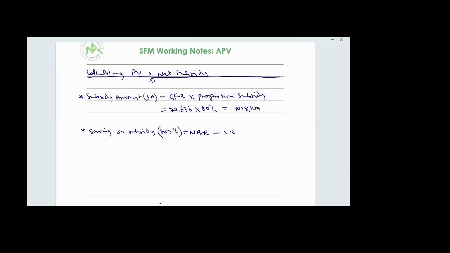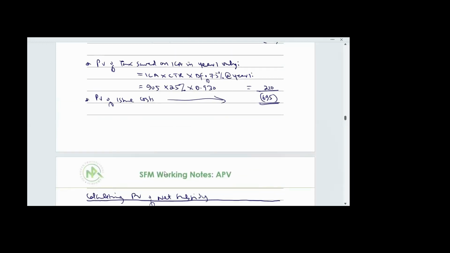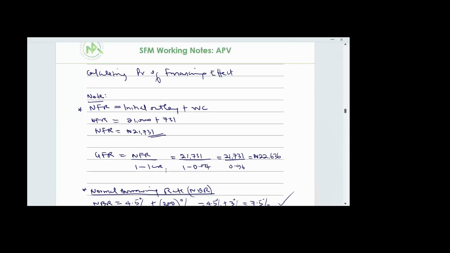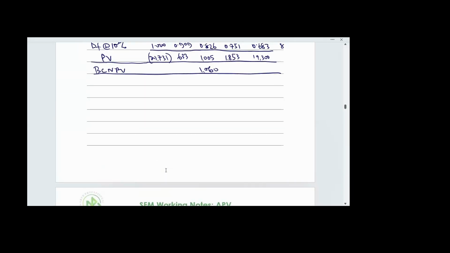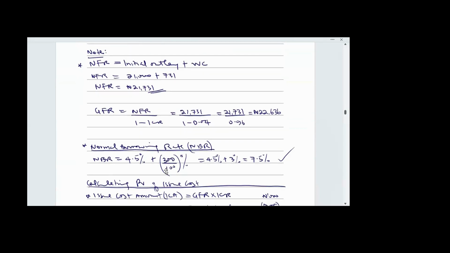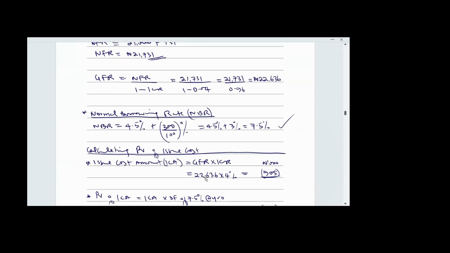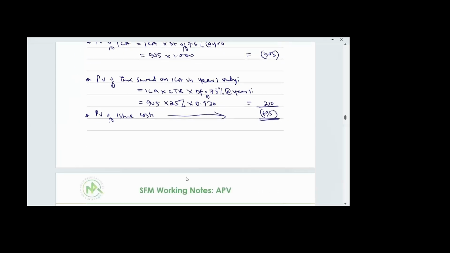Therefore, my savings on subsidy will be equal to the normal borrowing rate, which we have calculated before as 7.5%, minus the subsidy rate.